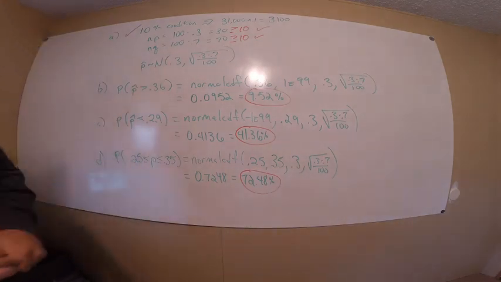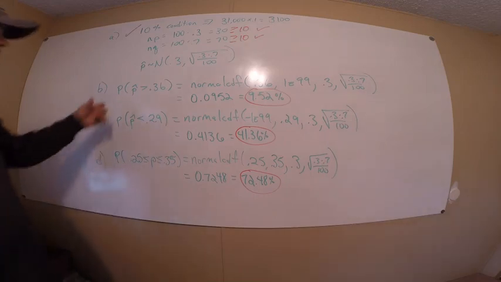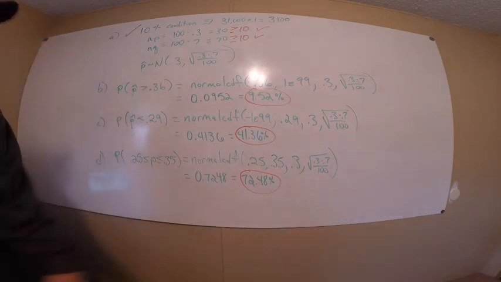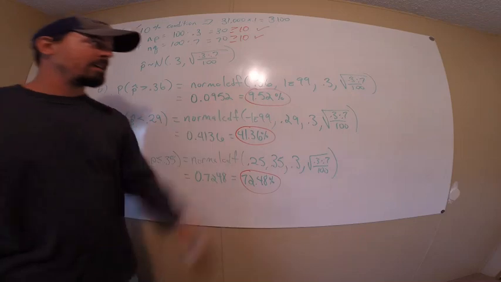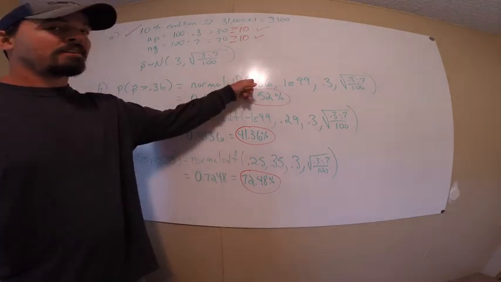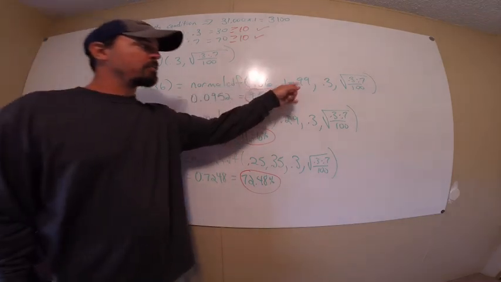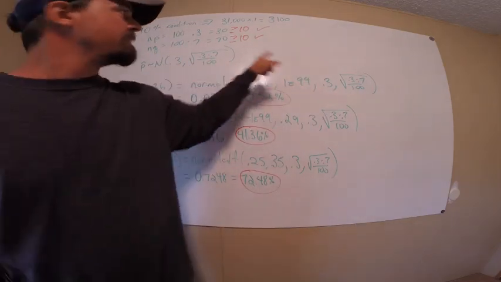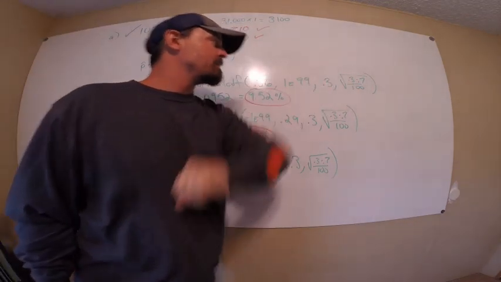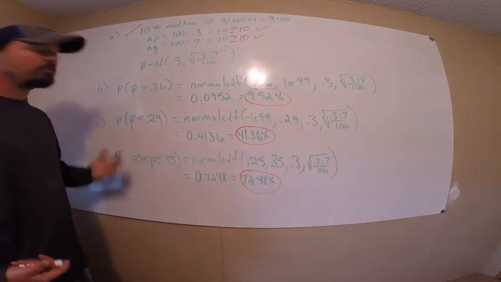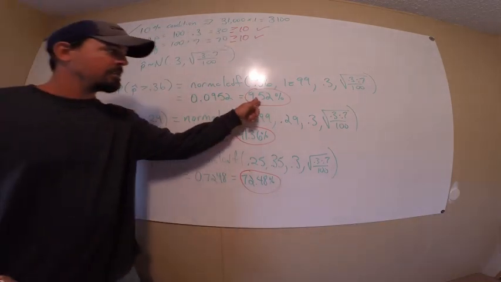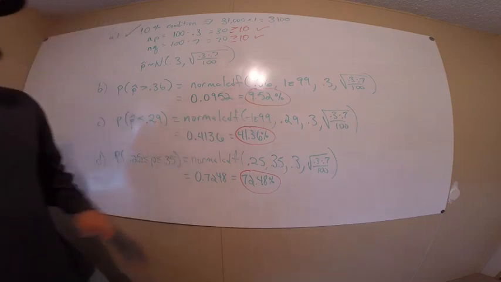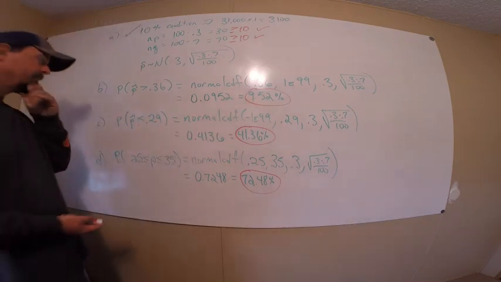If we go to answer question B, the probability that p hat is greater than 0.36: normal CDF, 0.36 is our lower bound, our upper bound is 1E99. We have a mean of 0.3, a standard deviation of square root of 0.3 times 0.7 divided by 100. If you type it correctly in your calculator, you should get 9.52%.